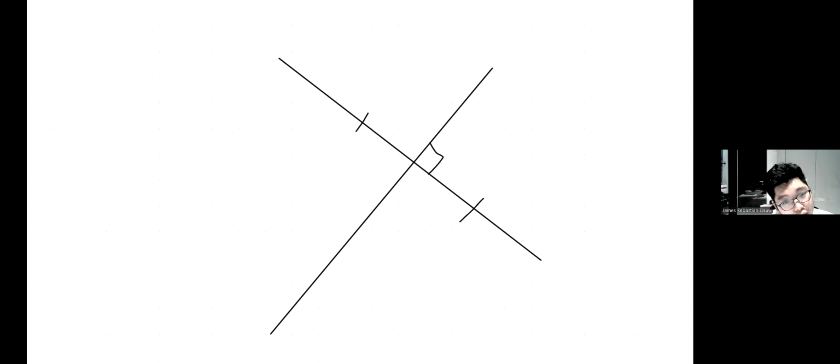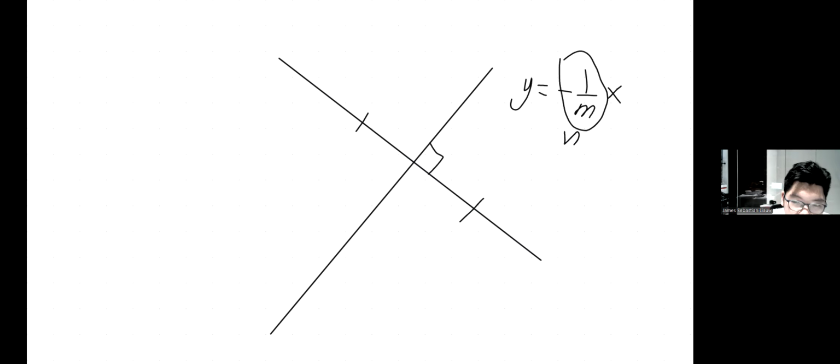Basically, since you already know your gradient, this is your perpendicular gradient, and we know our x and y from our midpoint, then we can find, of course, the equation of the perpendicular bisector.